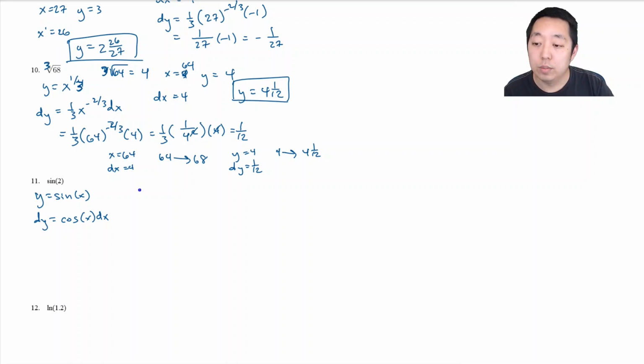Okay, so if I do sine of 0, that is 0, right? And so my x value is 0, my y value is 0.